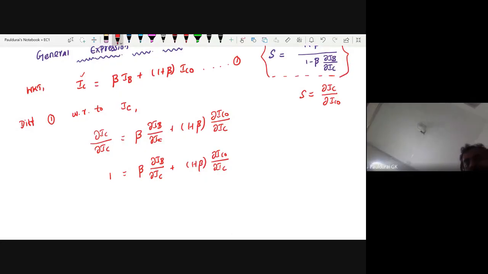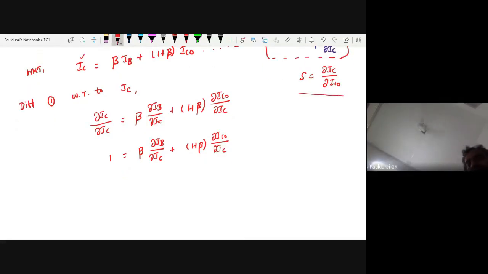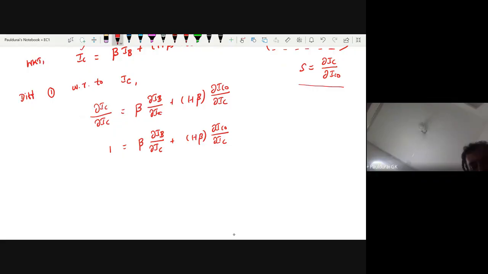Actually what I am looking for is S equal to change in IC with respect to change in ICO. So now bring this beta to the left hand side. So it becomes 1 minus beta times change in IB with respect to IC, which is equal to 1 plus beta times change in ICO with respect to IC, right?